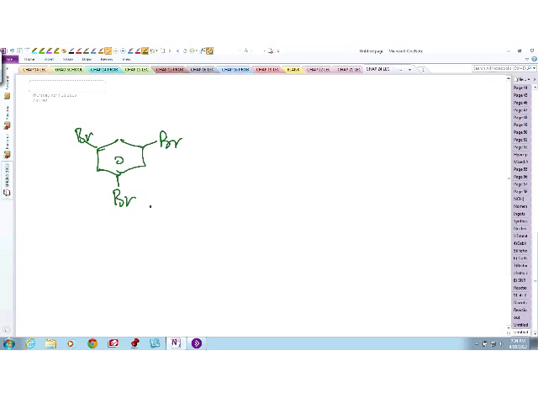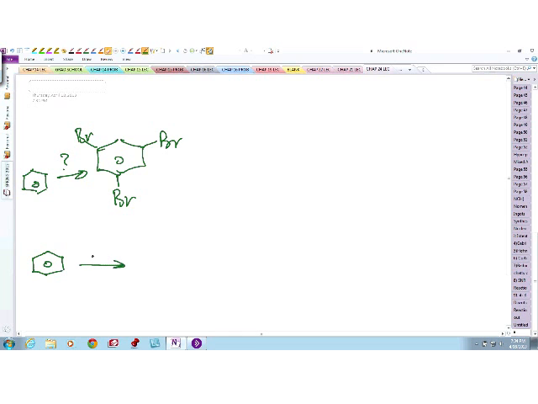Because all of these bromines here, they are all ortho-para directors. And all of these bromines here, their relationship are what? They are meta to each other. So therefore, for you to make this from benzene, of course you want to make the amino group, right?